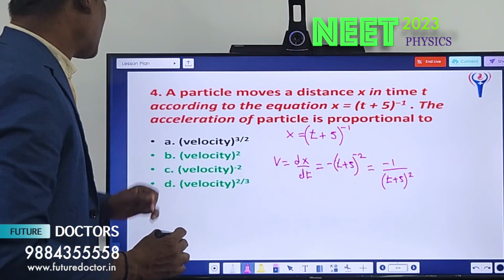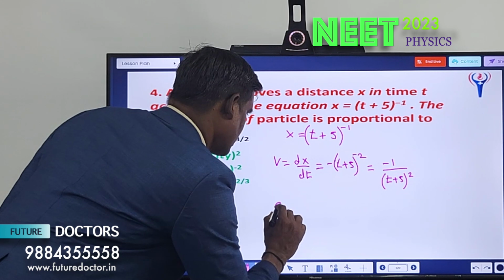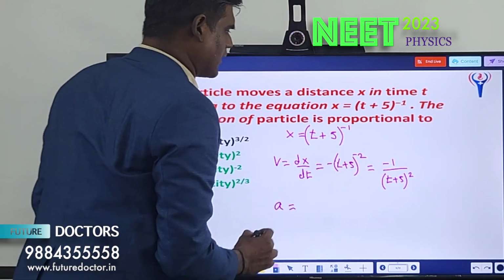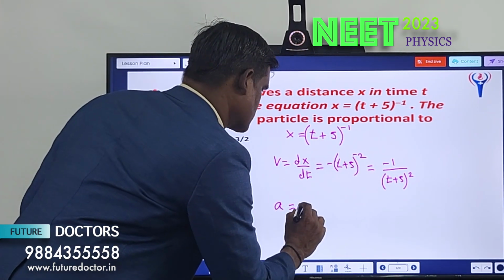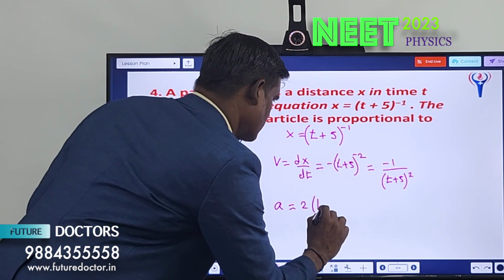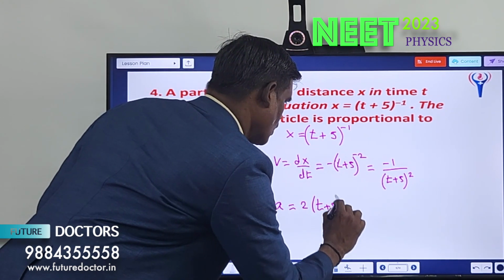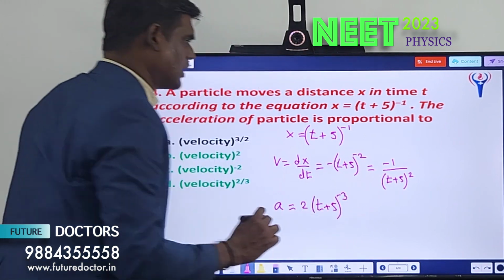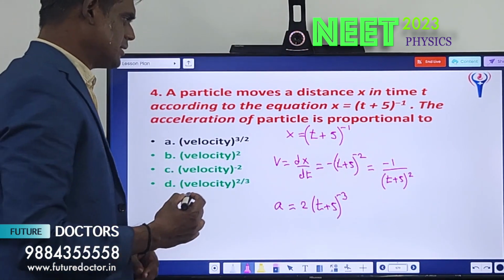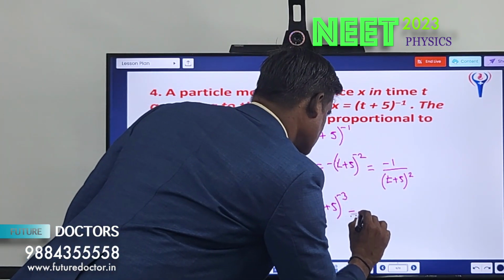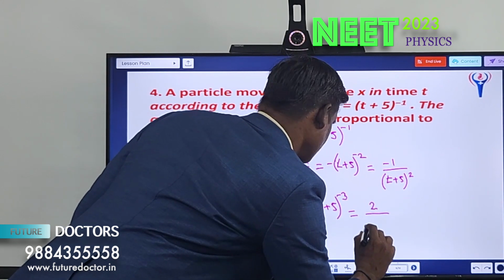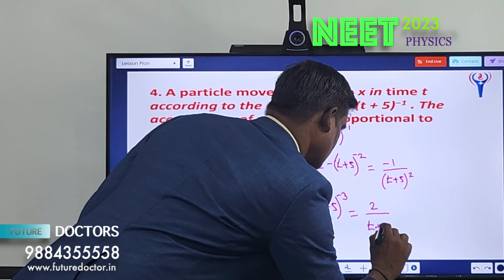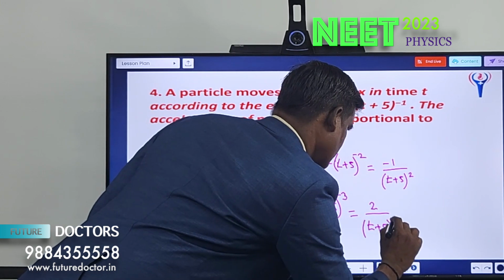Acceleration a is obtained by differentiating again: minus into minus plus, so 2 into (t plus 5) whole power minus 3, which you can write as 2 divided by (t plus 5) whole power 3.